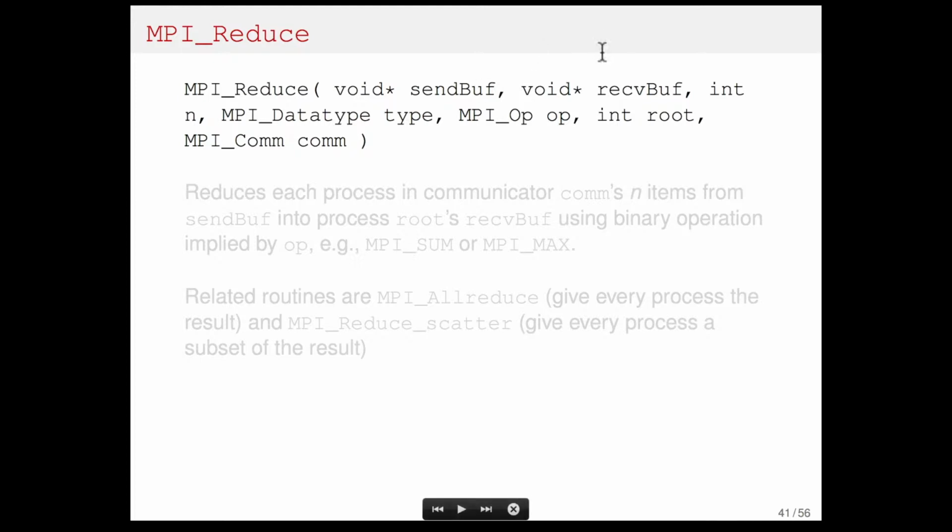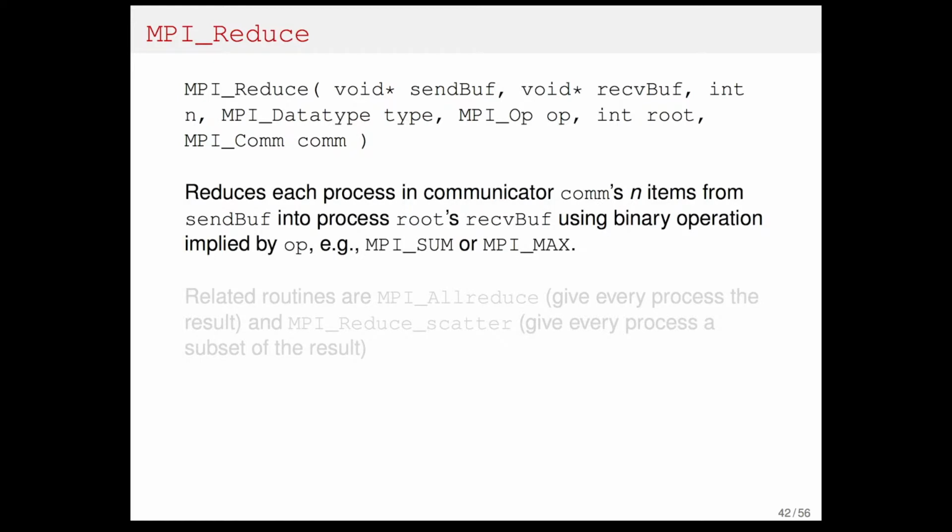And then you specify the process that you would like to receive the result via its rank, and then you give the communicator that you would like to perform this operation over. Again, this is the team of processes that you would like to use for this collective communication. So again, it reduces each processor's n items of data over a specified communicator and gives the result to a particular process.